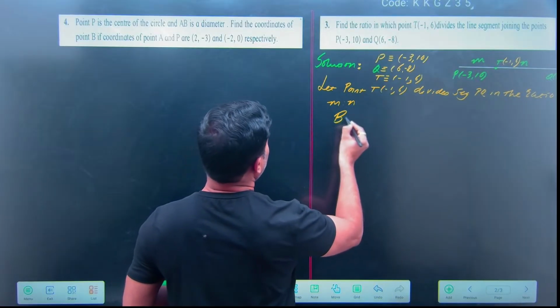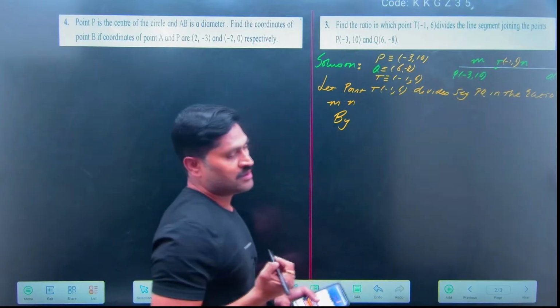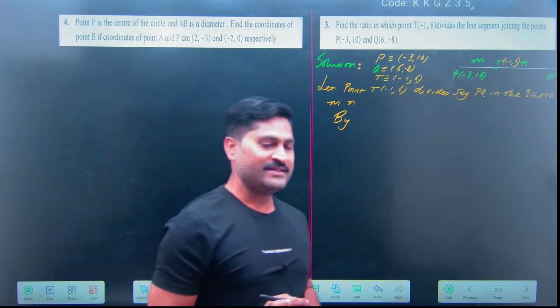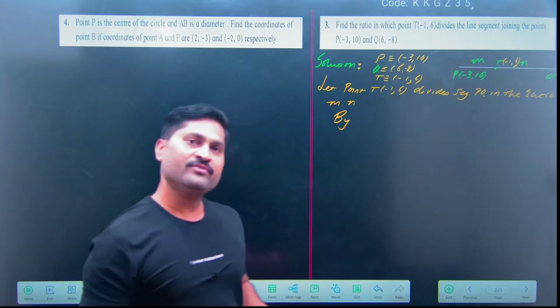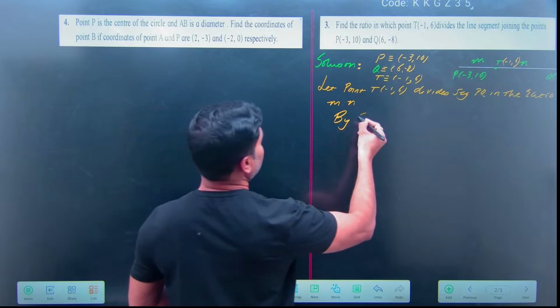Okay, whenever it comes to a point which divides the given segment in some ratio, we will go with the section formula.